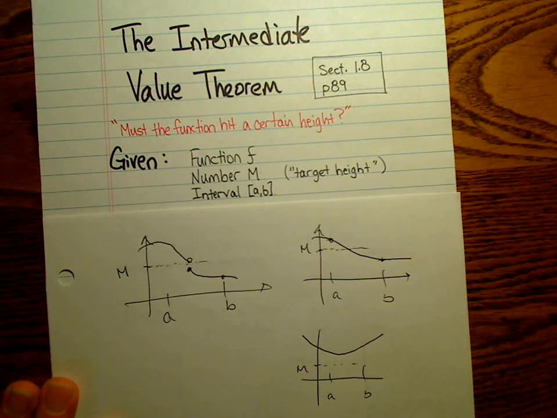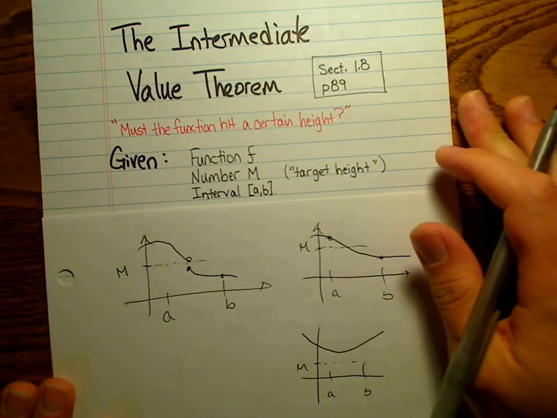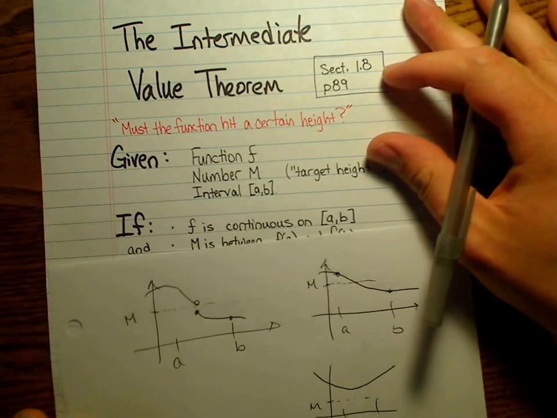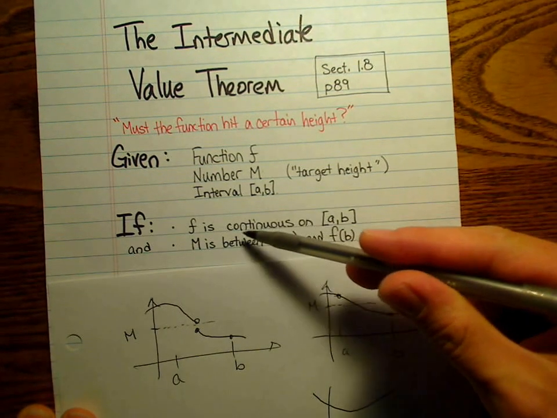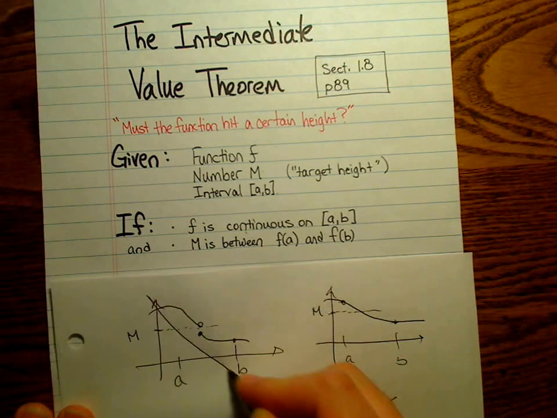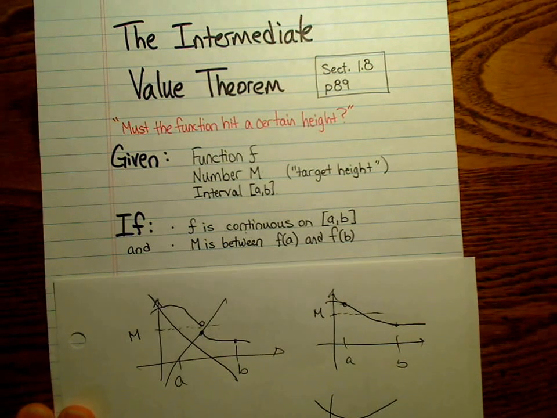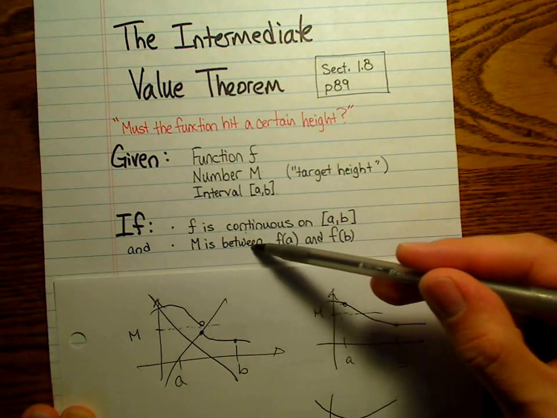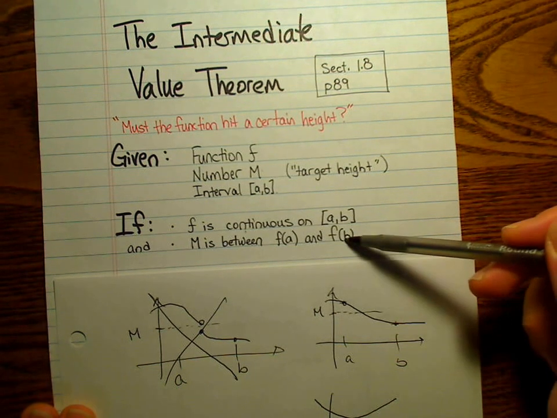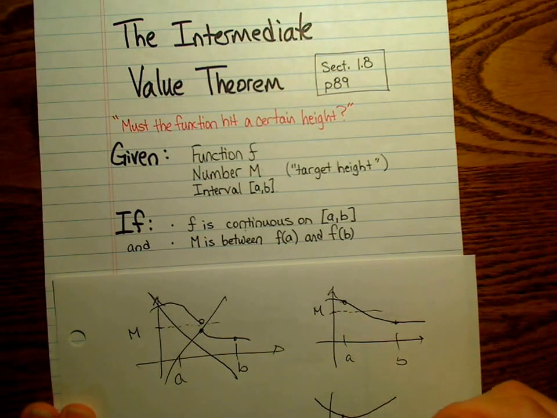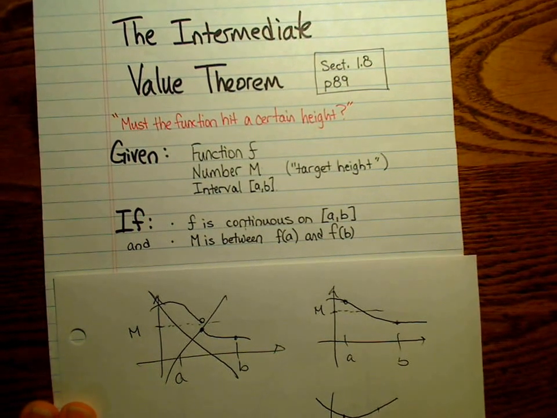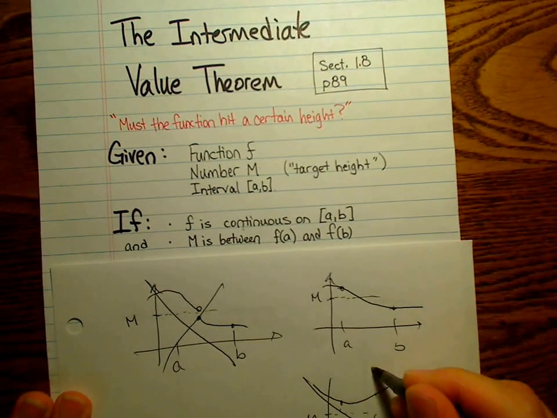Well, then I can't be sure that it hits. And so what the intermediate value theorem says is, if the function is continuous, which means this can't happen, and m is between f of a and f of b, so that's the height at a and the height at b. Well, this m isn't between those two, so that one's out.